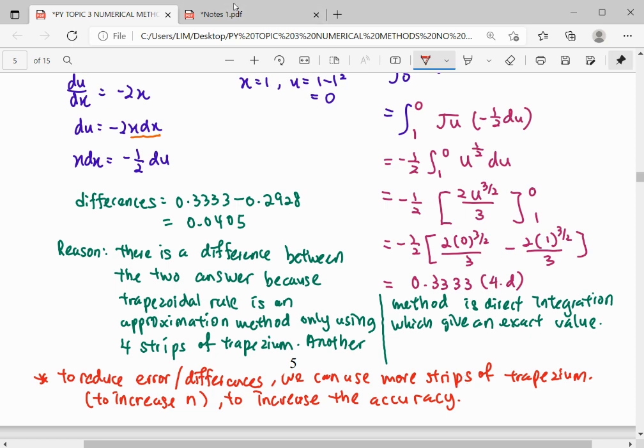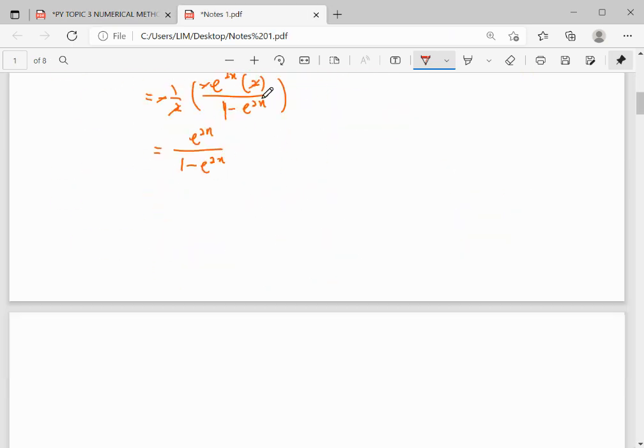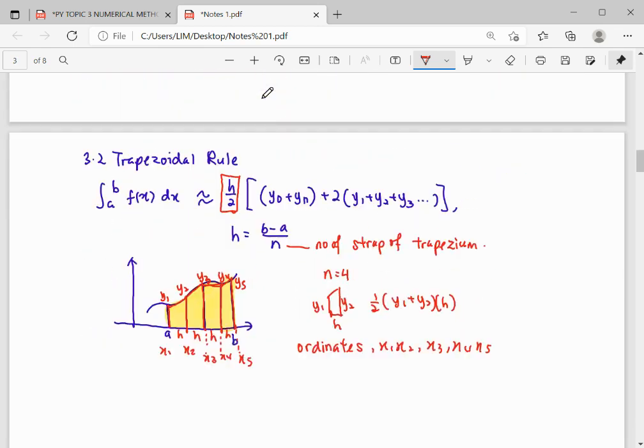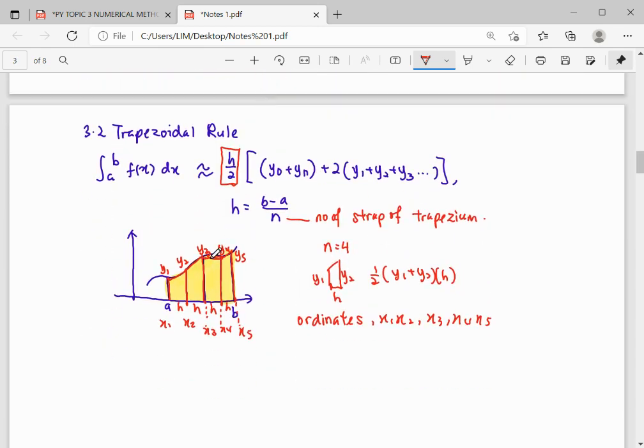So the concept is like this. You can look at our diagram here. Just imagine this is four stripes. You can see some parts of the place we do not calculate. So that's why we have error. But if we increase the stripes of the trapezium here, of course we can cover the graph better. The empty spaces, maybe we can cover them up.